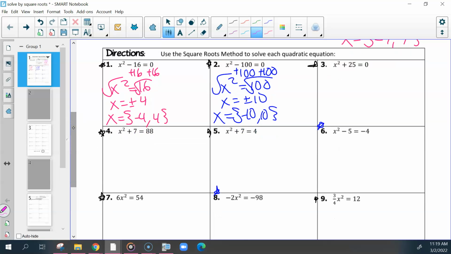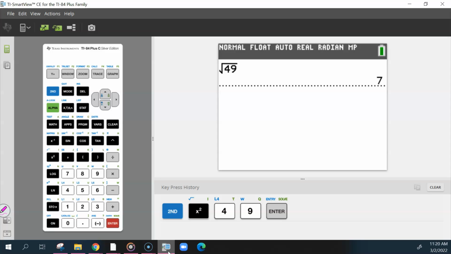Okay, for number 3, solve this just like the other ones, except this one is a plus, so we're going to subtract. In your calculators, put the square root of negative 25. Tell me what happened. Correct.